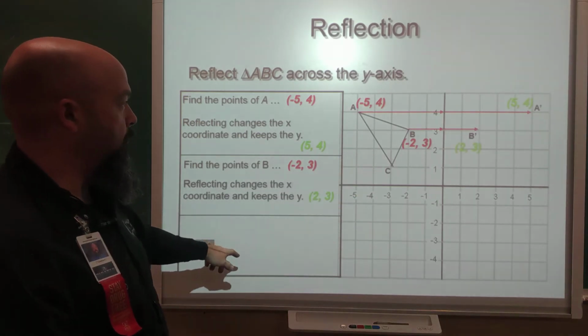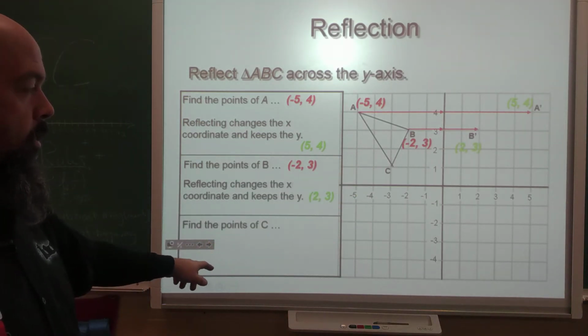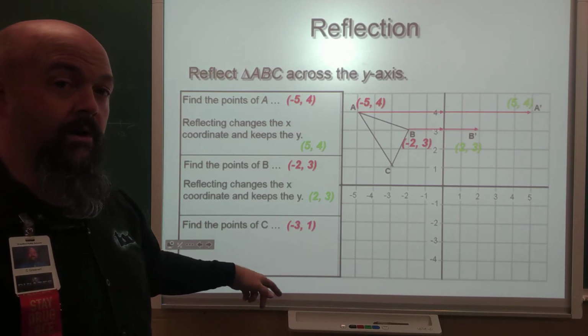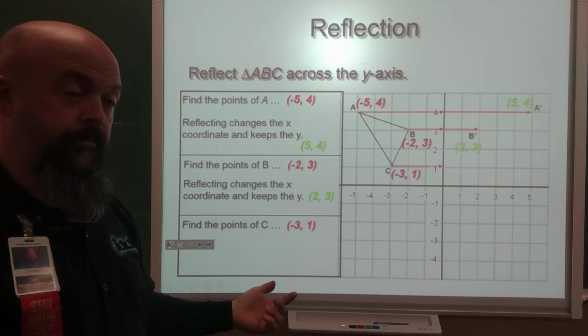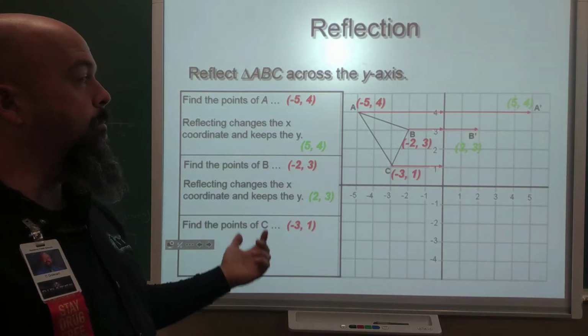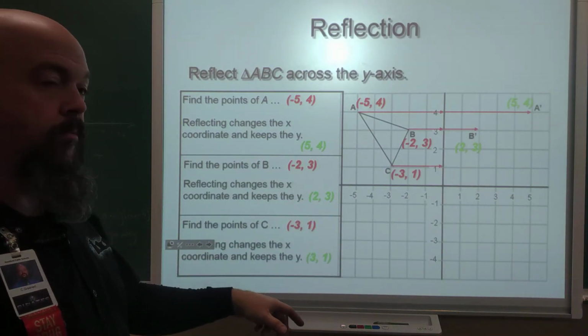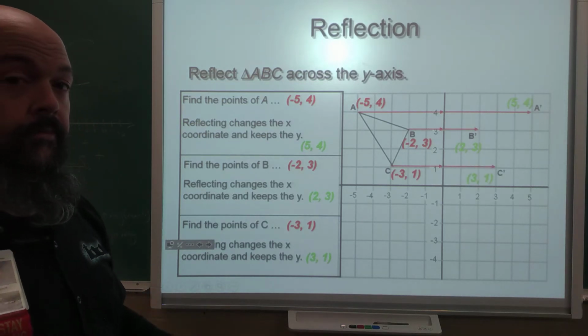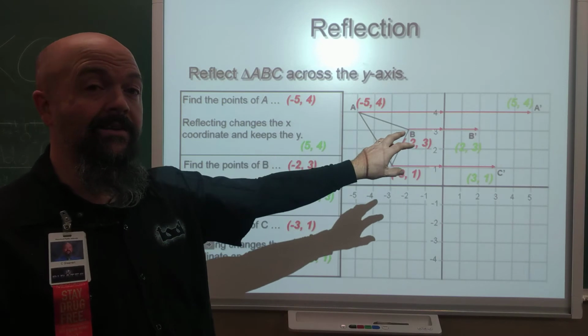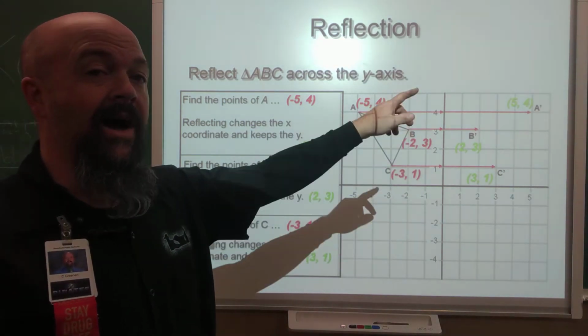And then the last point, point C, it's at negative 3, positive 1. Reflecting that across the y allows it to become positive 3, positive 1. Okay? So we get our points reflected. We connect the dots.